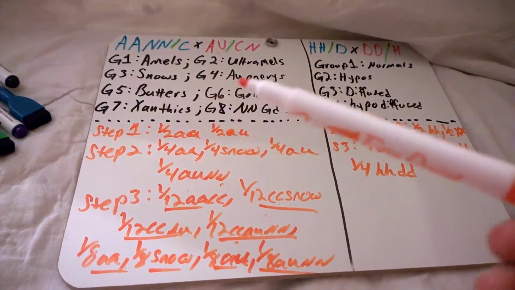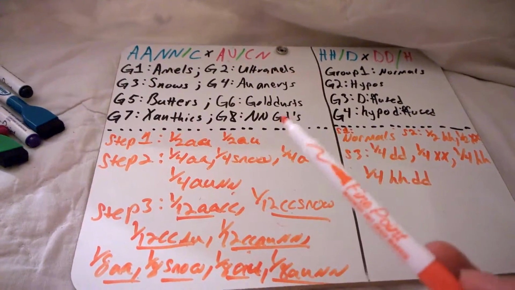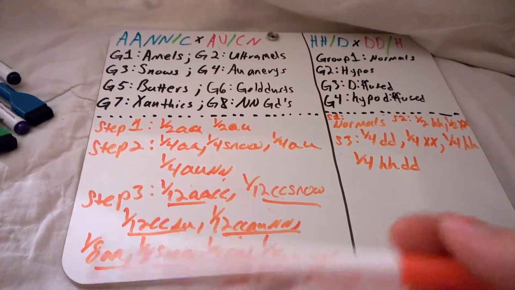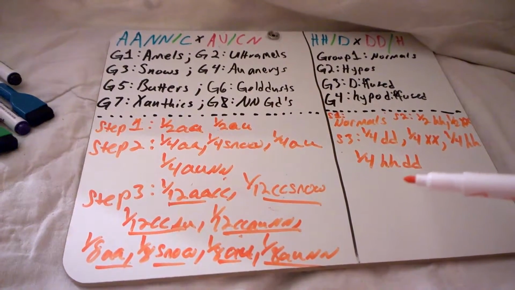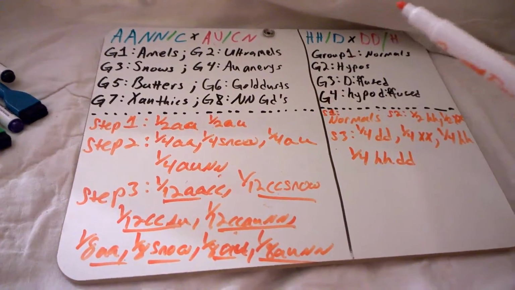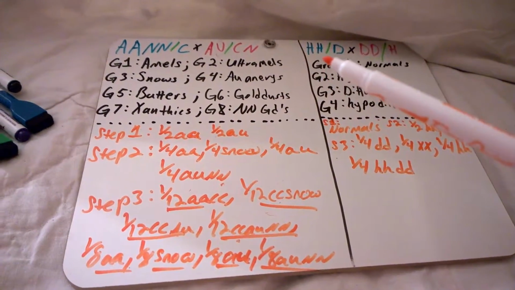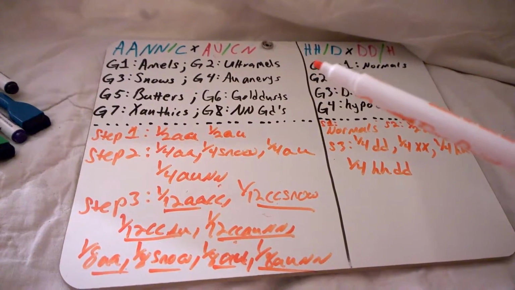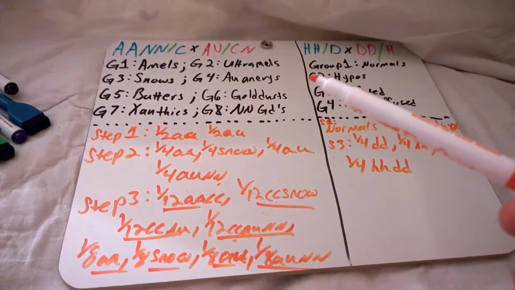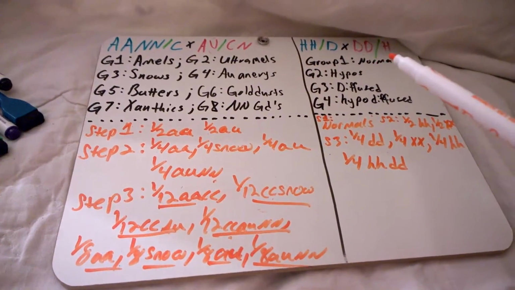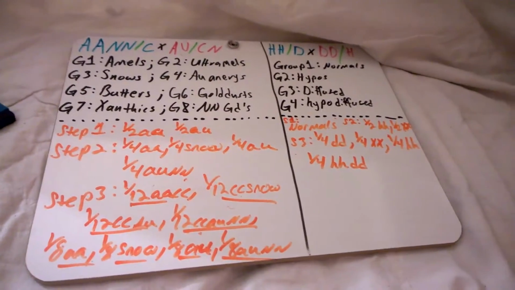If I had said, for example, ultramel and ultramel, there would still be the same amount of steps, we'd just have more of them. But if I had done something like anery hypo, diffuse, ghost, that would probably have had an extra step.